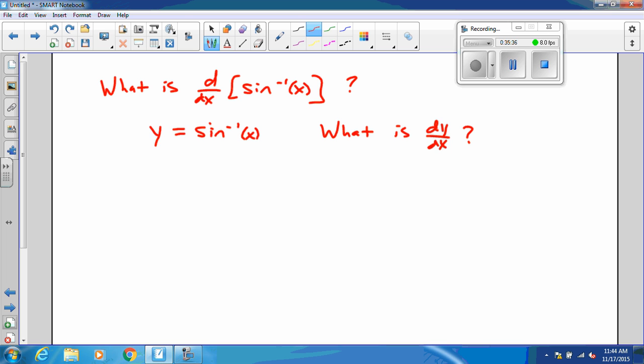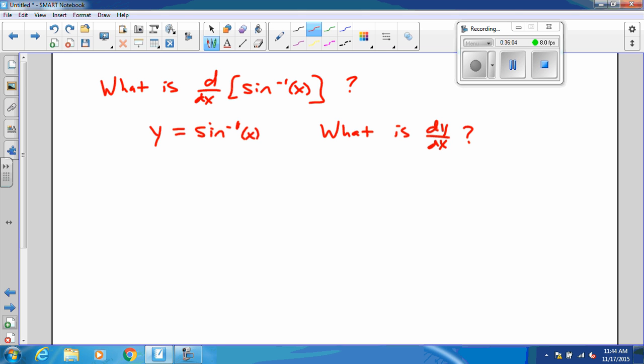You can see that these two questions are the same question, just written in different language. It would be lovely if I could just cheat and say, oh, that's got to be the inverse cosine, but that doesn't work, unfortunately. Wouldn't that be nice? But you can't, and it gives you the wrong answer.